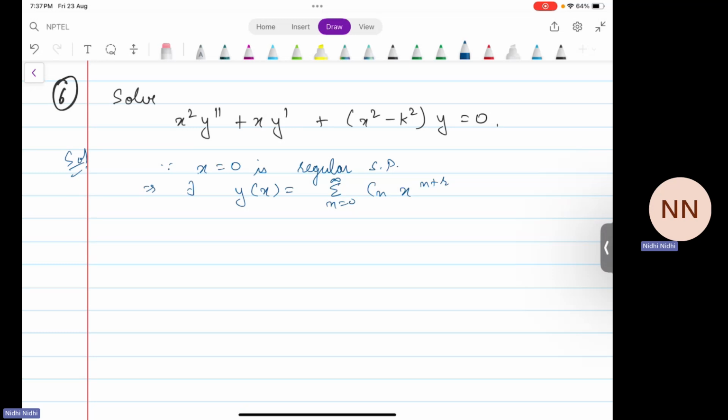Now I'll not be solving it again. I will just tell you what will be the indicial equation.